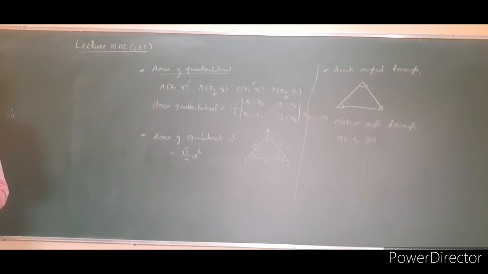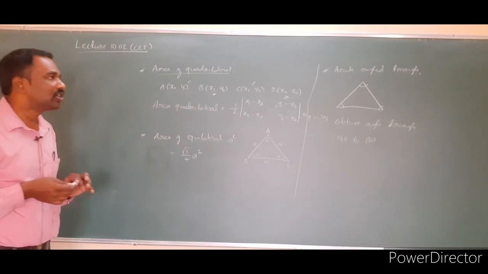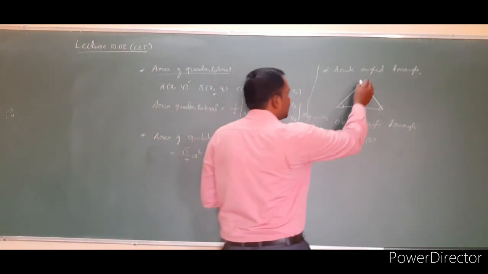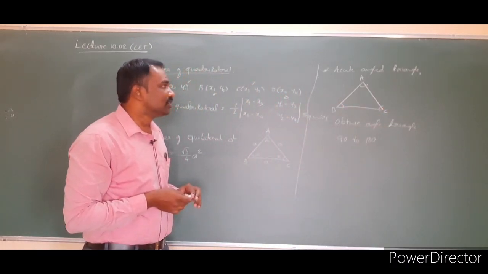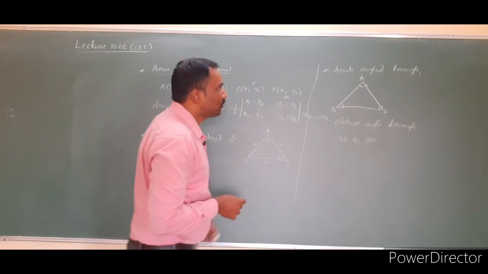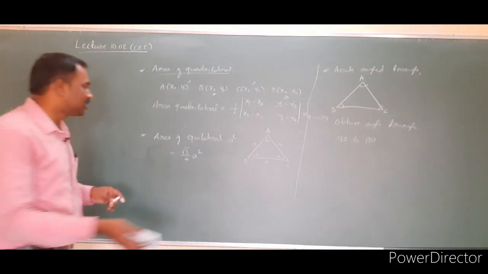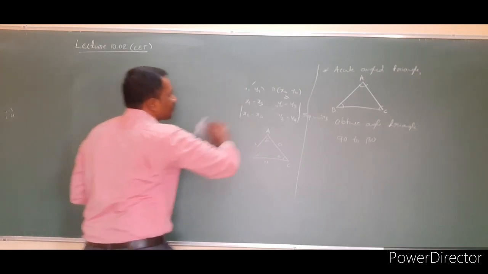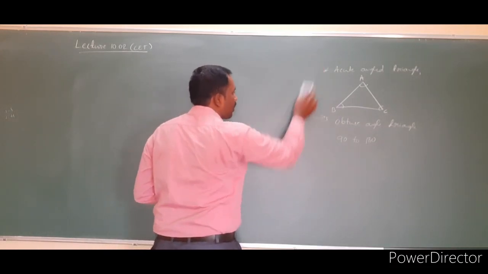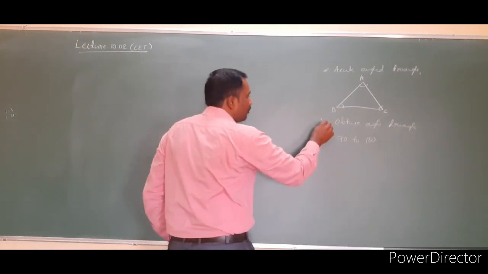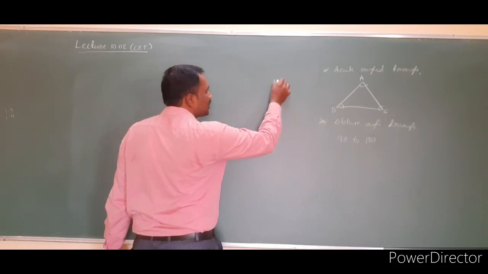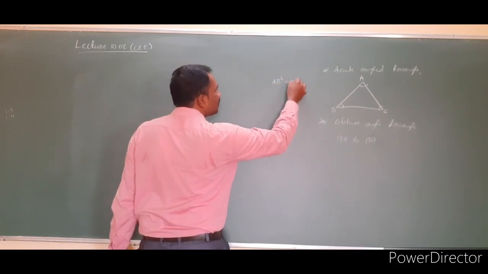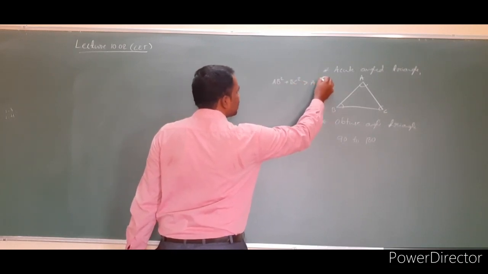So whenever the vertices are given, how to verify whether a given triangle is acute angled or obtuse angled? For that, I name ABC as a triangle, and I need to verify that it is an acute angle triangle. I just write the condition. Any of the conditions may be satisfied: AB square plus BC square is greater than AC square.